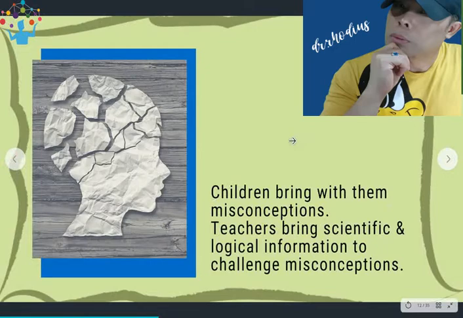Another thing that is very salient about constructivism is the understanding that children bring with them some misconceptions about life. We have lots of misconceptions. Some understanding of life was just passed on to us without really validating whether there's some truth in it or not. For example, the misconception that males are better than females.